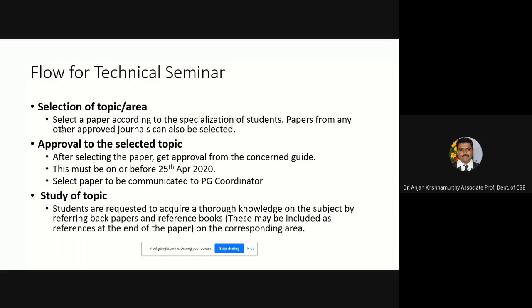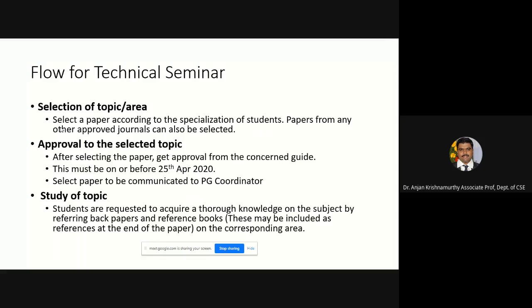If you have selected artificial intelligence as your domain, you choose five papers which are top trends in that particular area, right? So if you have chosen computer networks or network security as your area, you find out the top five papers which are there in that particular area.